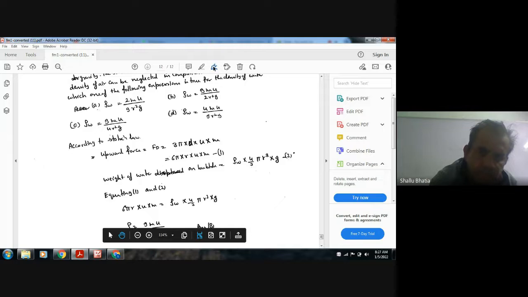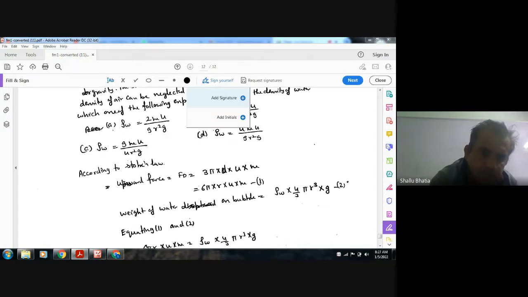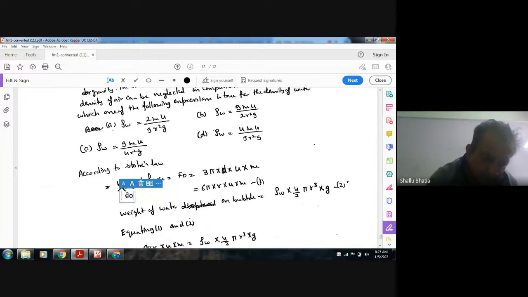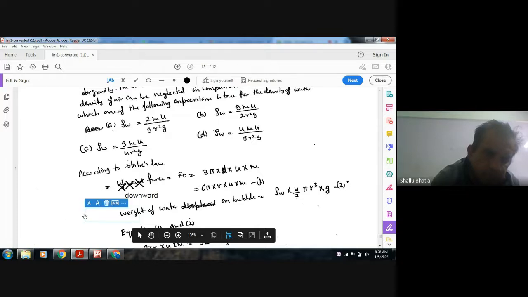As the bubble is rising upward, the drag force will act in the downward direction, and the weight of water displaced is the buoyant force that will be acting in the upward direction.